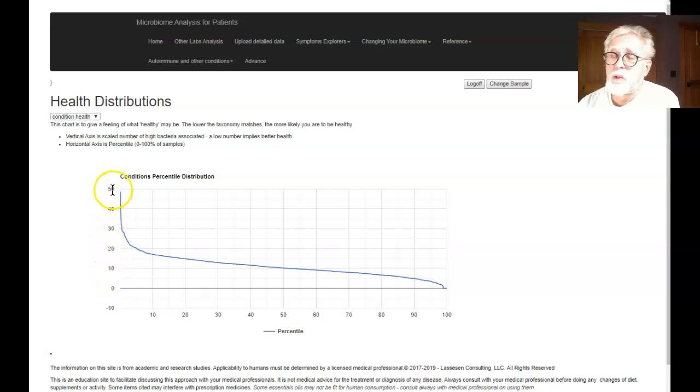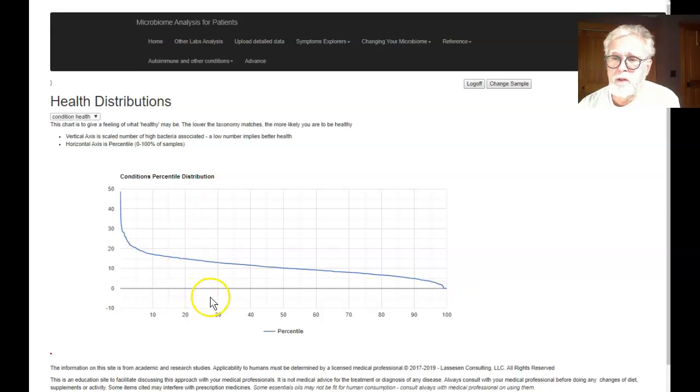Here we're doing the same logic. The more of the bacteria which you have abnormally high with, the more likely you are to be unhealthy. If you have practically none of them, which a few people do, then you are very unlikely to have any medical conditions. So it's the same type of logic.